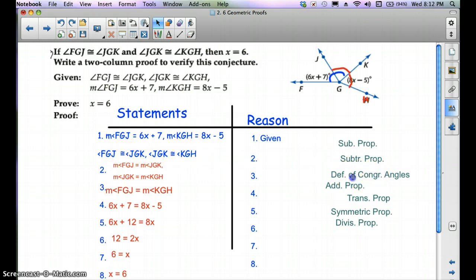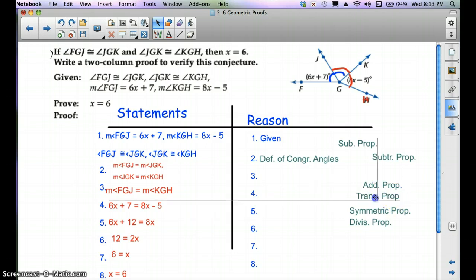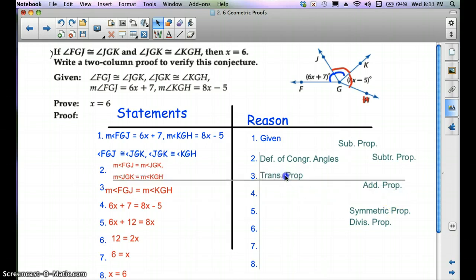And that's going to be a definition of congruency. And in this case, it's congruent angles. All right. Now how did I get the measure of angle FGJ and KGH? How did I get those two to equal each other? What property would that be? And I did some abbreviation. You guys can as well. Right, the transitive property.